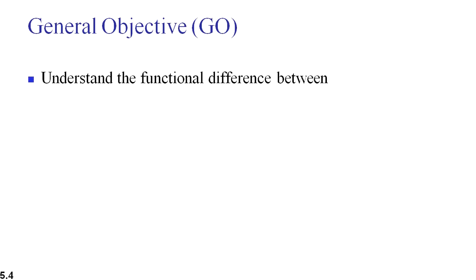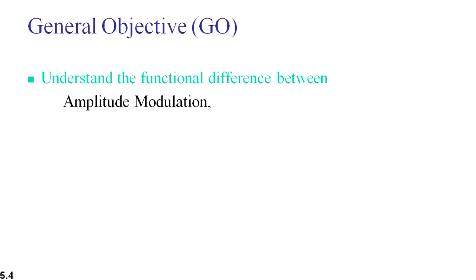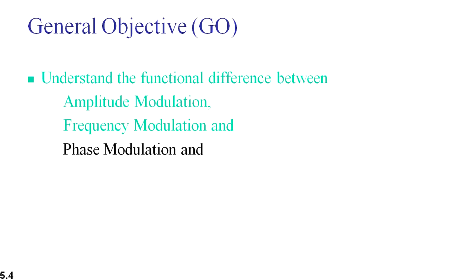Okay? Yes. So what are we going to see in today's class? Today's class is going to talk about the basic functional differences between the three elements of a signal, which are amplitude, frequency and phase. That is amplitude modulation, frequency modulation and phase modulation. And we are not going to stop with this.